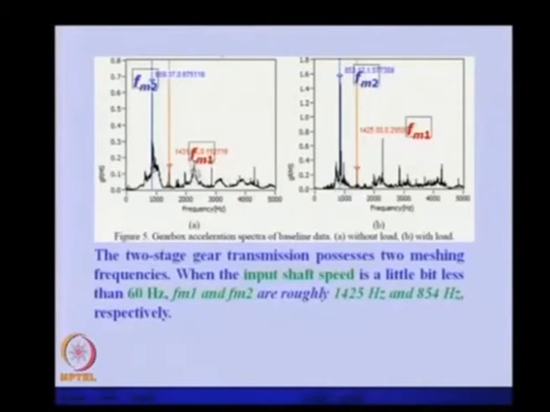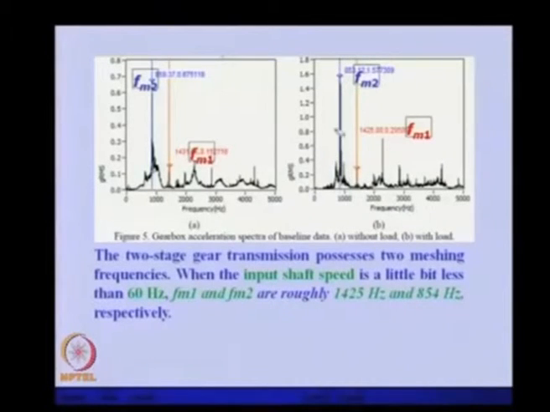You can see the first gear mesh frequency has a peak, and for the second one there is a large peak. Here also the value is around 4 to 5, that means this is the first one, FM1, the red one, and this FM2 is this one, around 853.